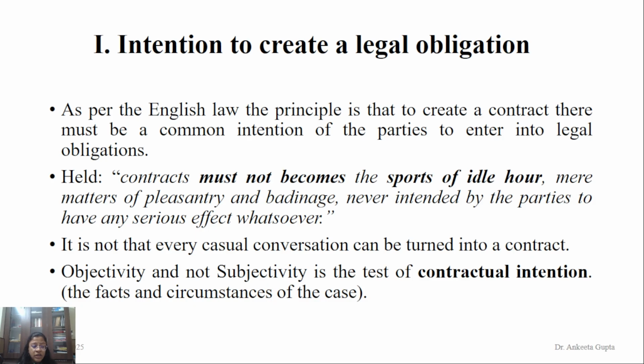Now, if you were to say that you created a legal obligation and that by not taking me out to dinner, it's a major violation of my rights, the court is not going to accept it because it's a mere matter of pleasantry, where the parties did not have the intention to create a legal obligation. So it's not that every casual conversation can be turned into a contract.